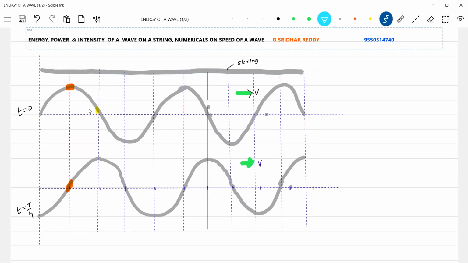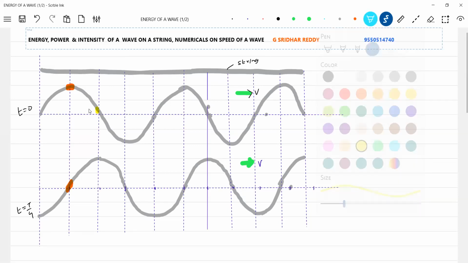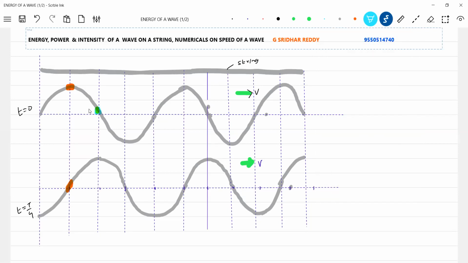Blue, we'll take the blue. Try to concentrate on these elements.